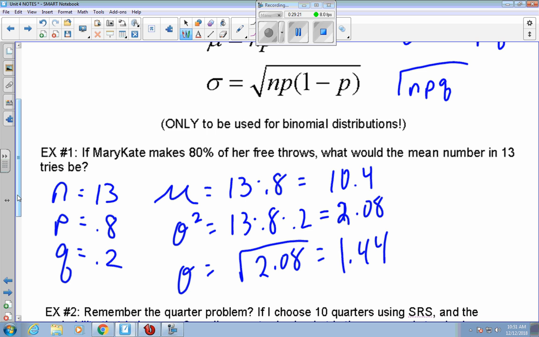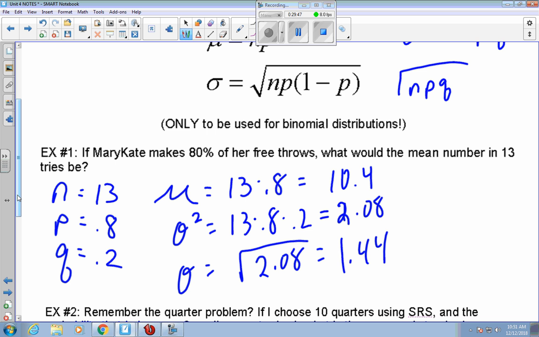Now, they could ask if it is unusual for her to make 9 free throws like it did on the earlier problem. Would it be unusual? How do you know? No, it's not the 0.05 this time. We're talking about mean and standard deviation. Yeah, the 2 standard deviations. Okay?